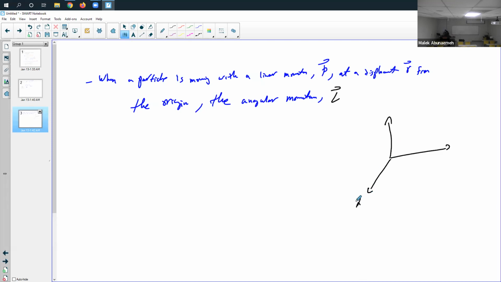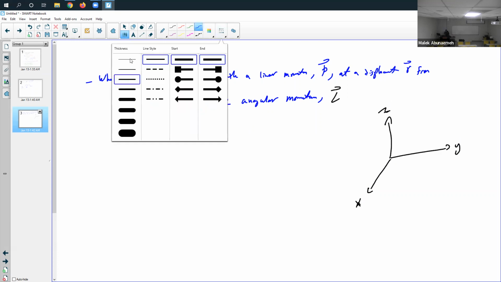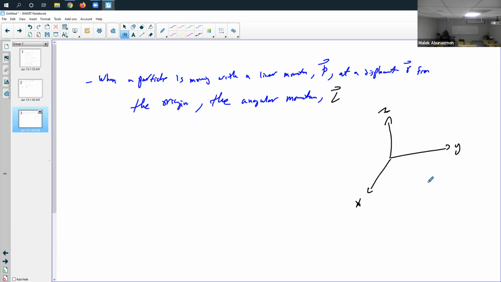So basically, let's say this is your x-axis, this is your y, this is your z. And let's say you got a particle right over here. This is a particle of mass m. Now, how far is it from the axis?